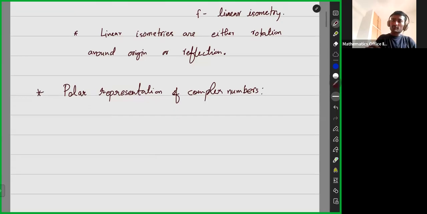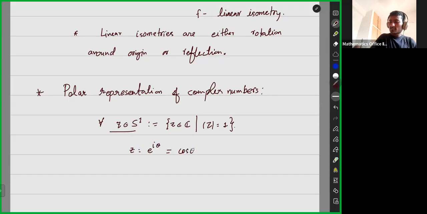In this section, what we have seen is that for every z belonging to S1, where S1 is defined as those complex numbers whose modulus is equal to 1, so this is called the unit circle, we have z equal to e to the power i theta, or the same as cos theta plus i sin theta, where theta is in the interval minus pi to pi.